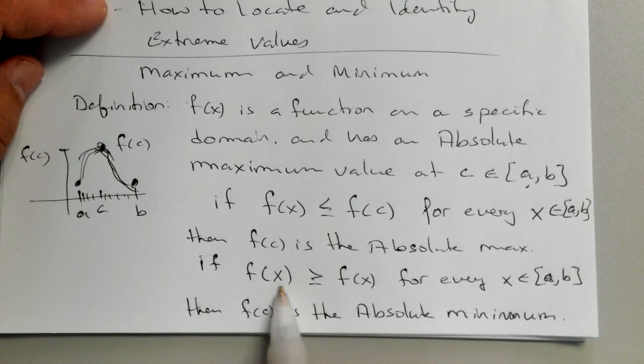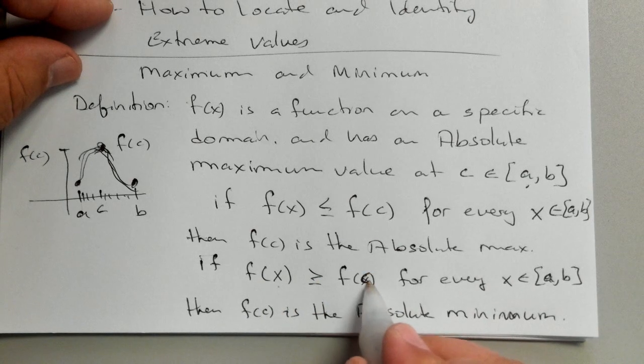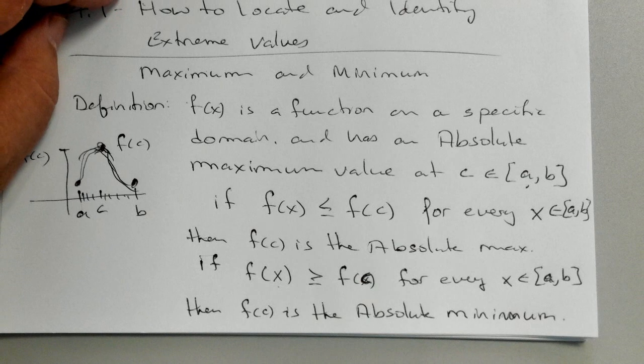So if all the other f of x's are greater than f of c for every x in the domain, then f of c is the absolute minimum.